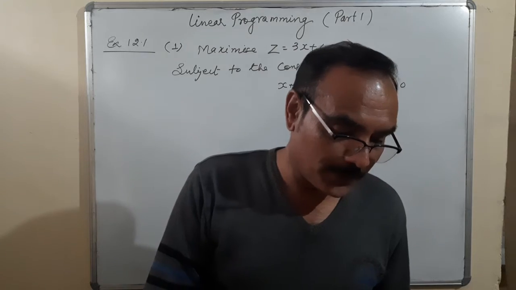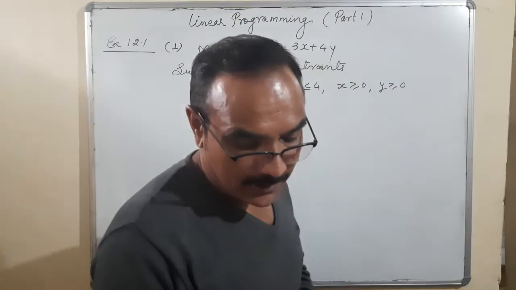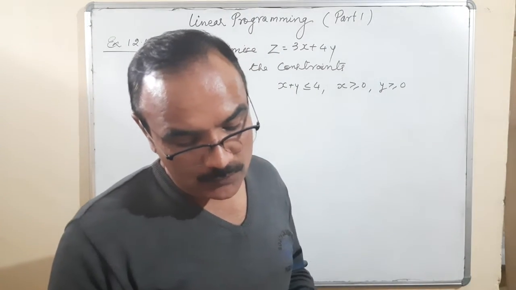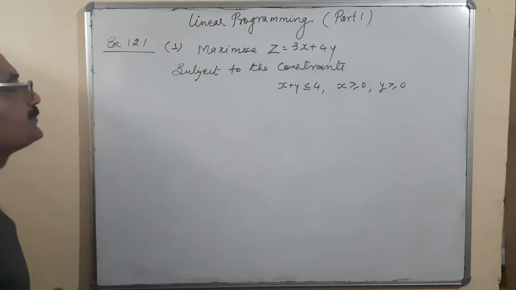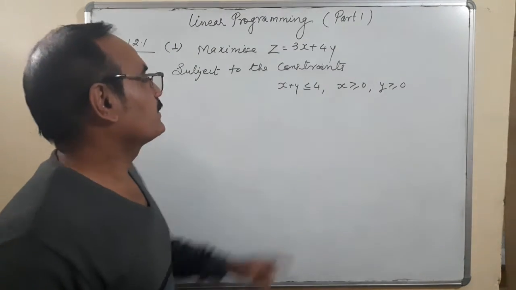Maximize z equals 3x plus 4y, and the constraints are x plus y less than or equal to 4, x greater than or equal to 0, y greater than or equal to 0.